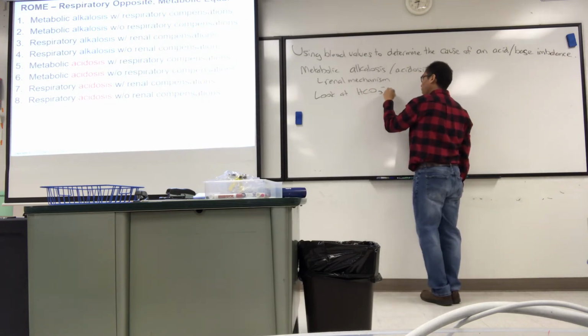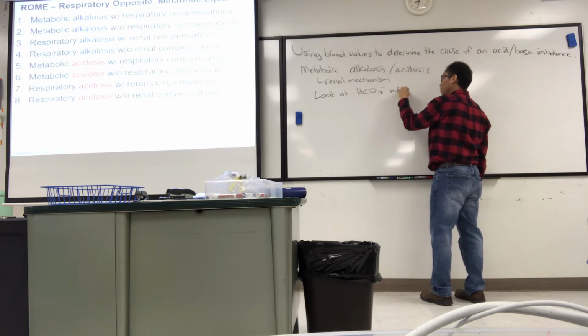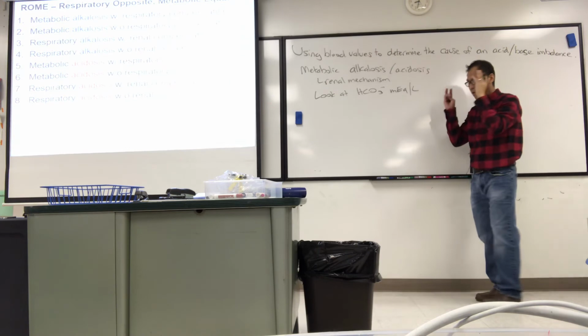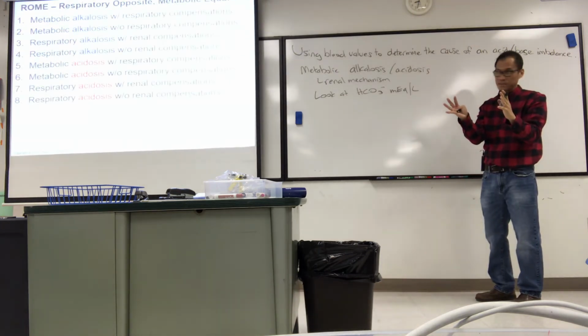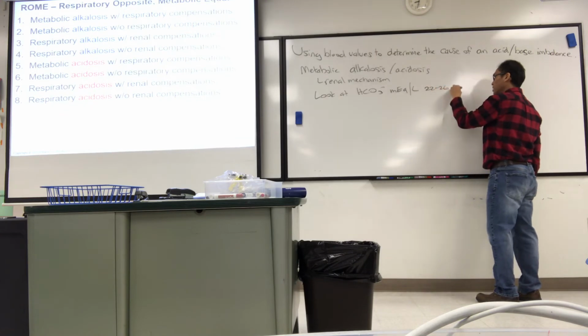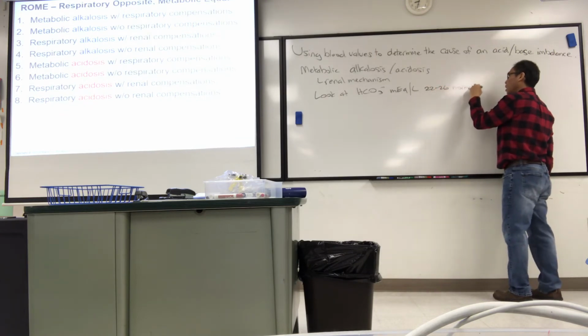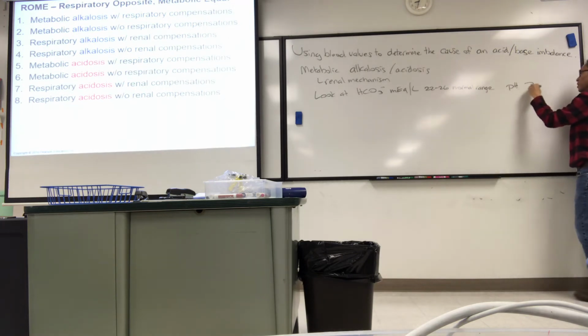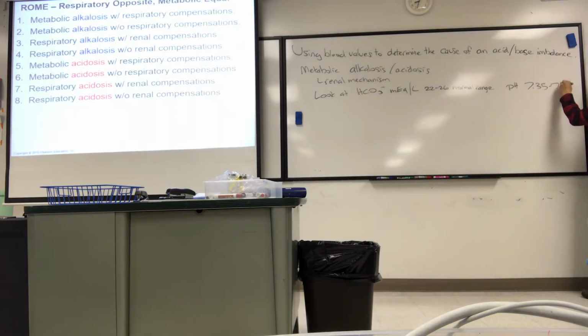The units are kind of weird. They use milliequivalents per liter. In the normal range, it usually falls 22 to 26 milliequivalents per liter. 22 to 26, that's your normal range. And you still consider the pH normal range 7.35 to 7.45, okay?